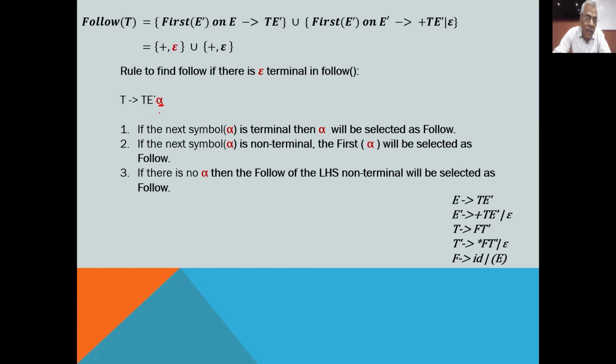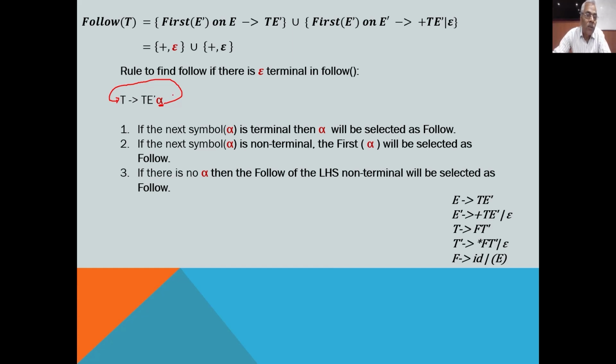And if the next symbol alpha is a non-terminal, then the first of alpha will be the follow of this E dash. And if there is no alpha, then the follow of the left hand side non-terminal will be selected as follow. If this alpha is null or there is no other symbol at this place, then follow of E dash will be the follow of the left hand side non-terminal of that production.